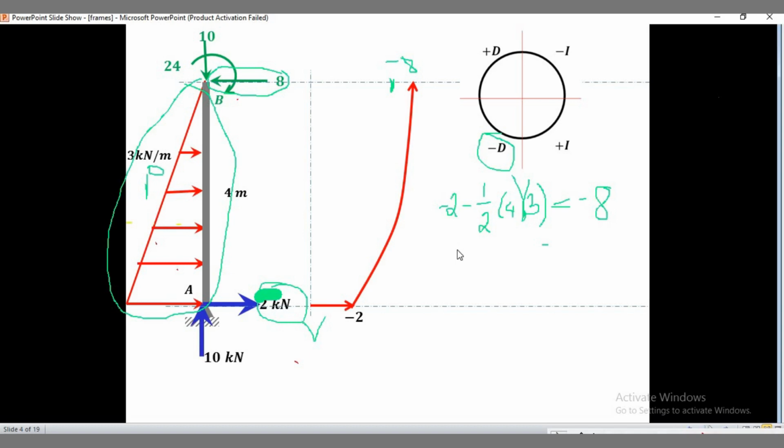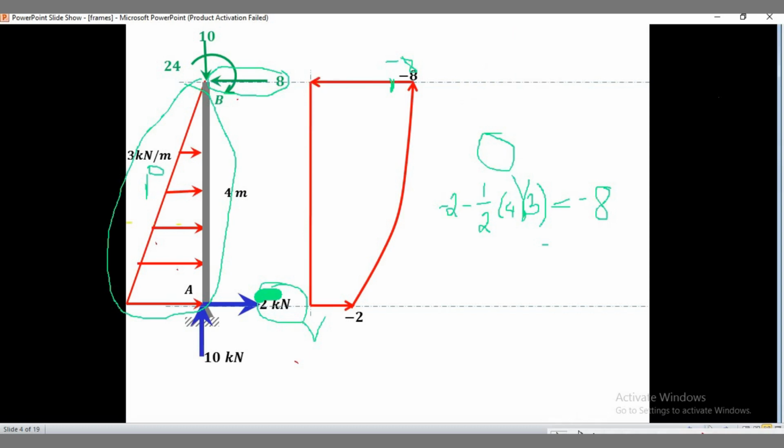Okay? Then, mapansin ninyo dito kay point B, merong pataas na 8. So, obviously, 0 dito. So, that is the shape of my shear diagram.